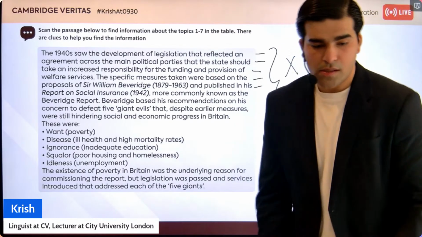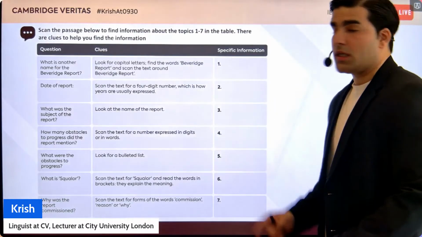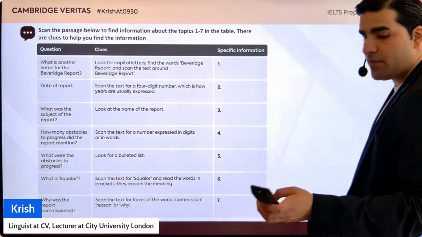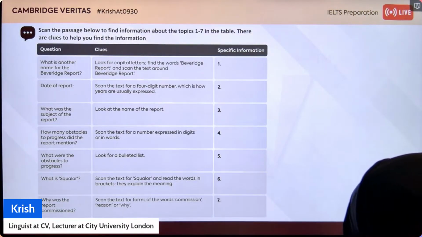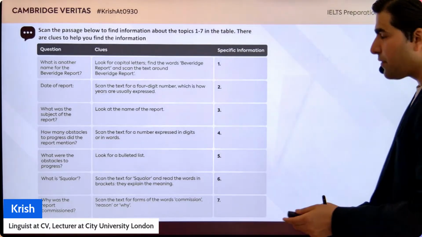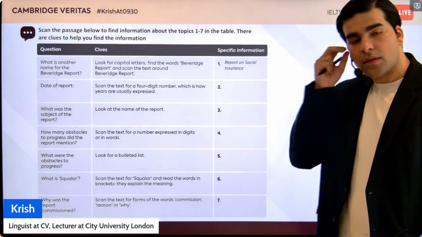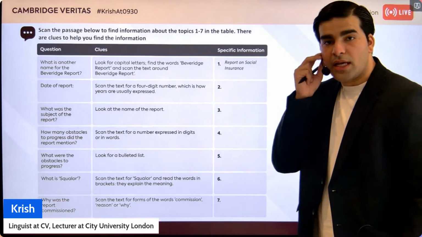Yep, thank you. I will put the answer here. Tell me what is the name of the Beveridge Report? Okay, the answer to the first question is Report on Social Insurance. I repeat, Report on Social Insurance.